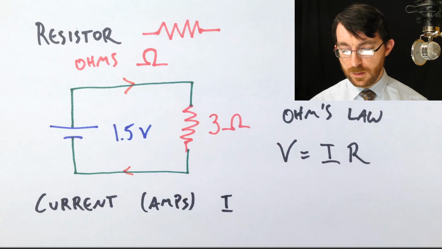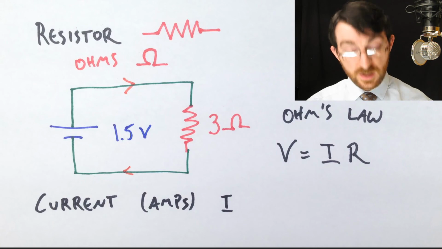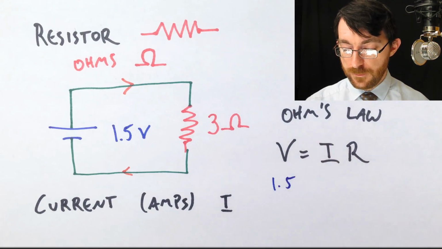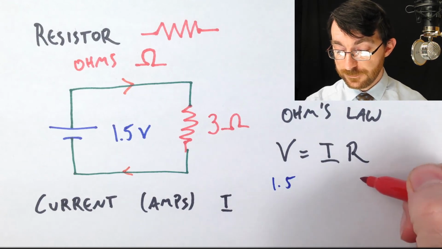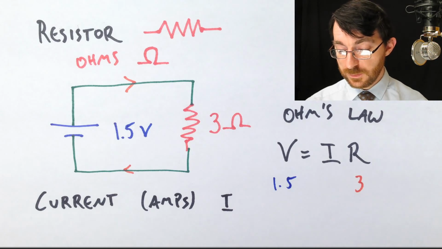All right, well, let's go ahead and do that. The voltage is 1.5. I'm going to use the colors to keep it straight. The resistance is 3. This equation shouldn't be too impossible to solve, right?